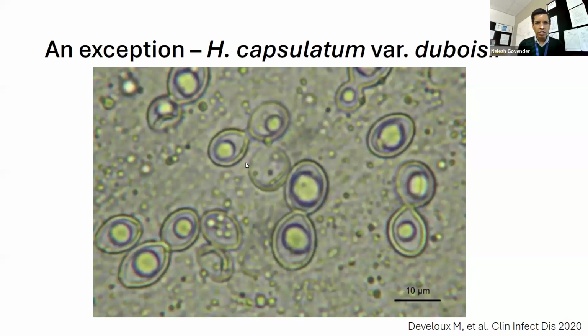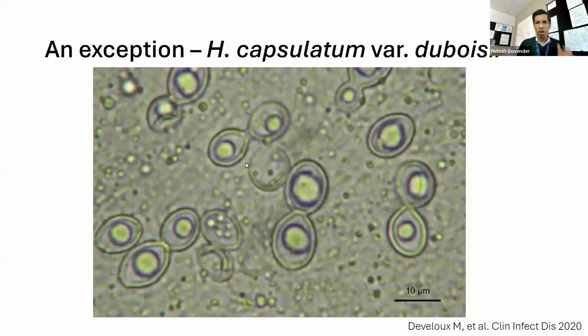These were large budding yeasts of 7 to 15 microns in diameter, so very different from the classic emergomyces and histoplasma yeasts, which are much, much smaller. They're only 2 to 5 microns in diameter. These are much bigger. They look like blastomyces, actually. They're ovoid, and they also have very thick cell walls.